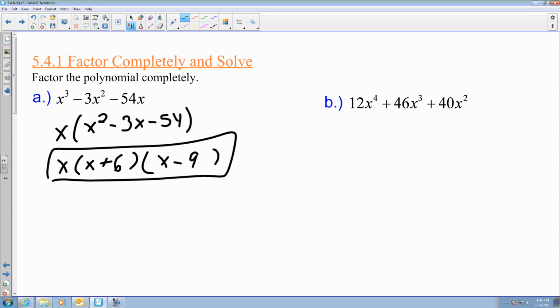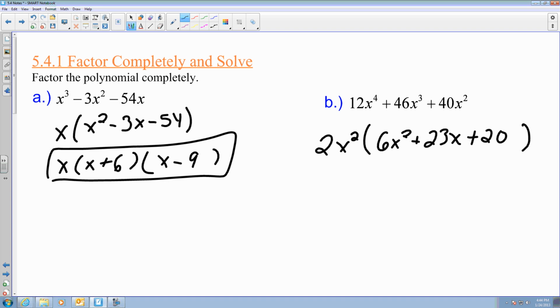Look at B. Right away I can factor out a 2, and I can also factor out an x squared. So if I rewrite this, inside the parentheses it would look like 6x squared plus 23x plus 20.